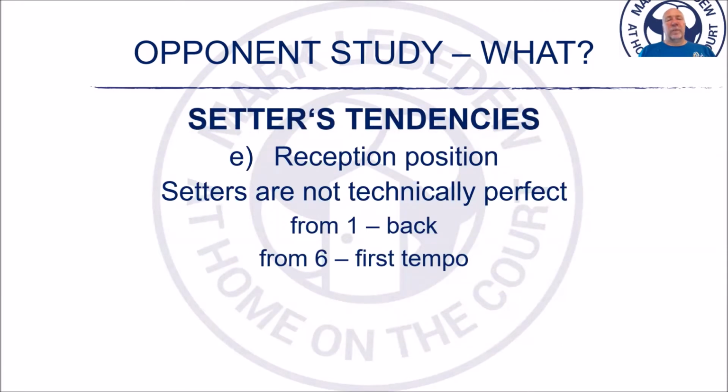When the reception comes from position 6, we can often see more first tempo. When the ball comes from position 5, we can often see more front row, but those ones are a little bit less predictable than some other situations. And of course, the combinations of things are also something that we can take into account.